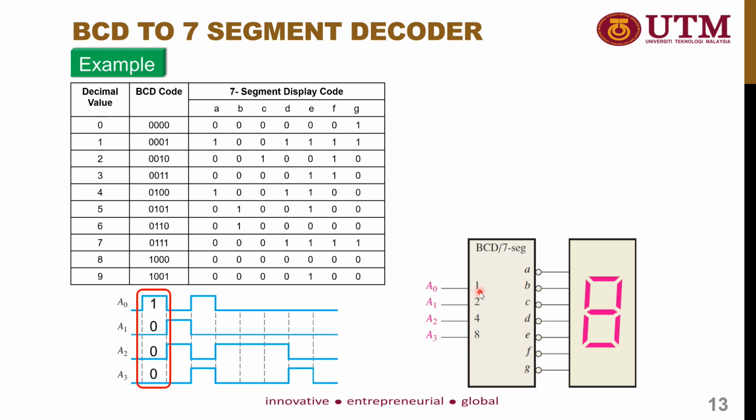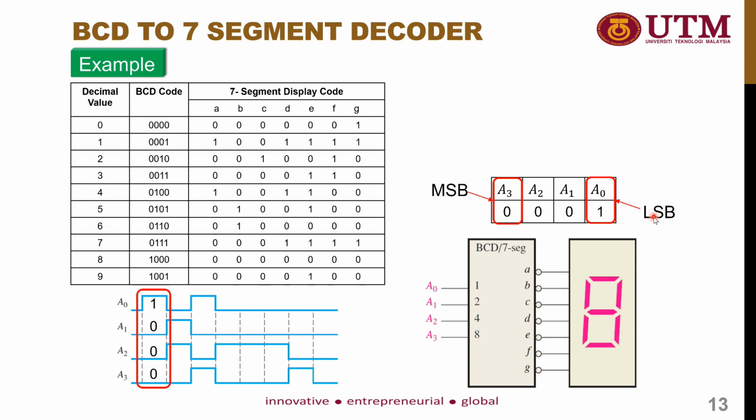So we can get the reference from the weight. A3 has the highest weight, so A3 is the MSB and A0 is the LSB. The arrangement of the BCD number becomes A3, A2, A1, and A0.